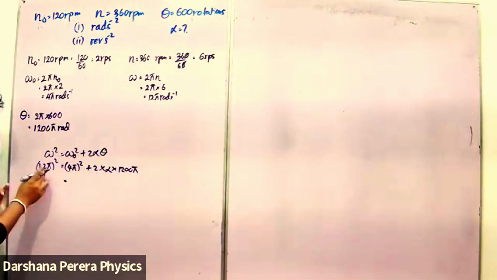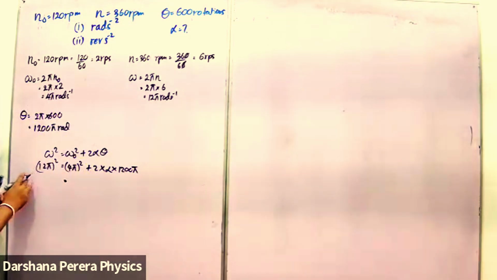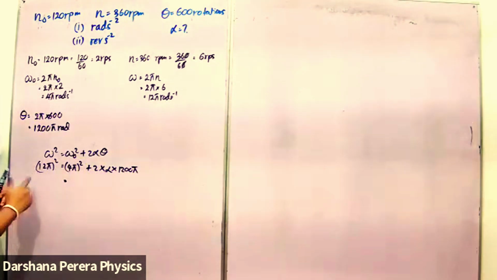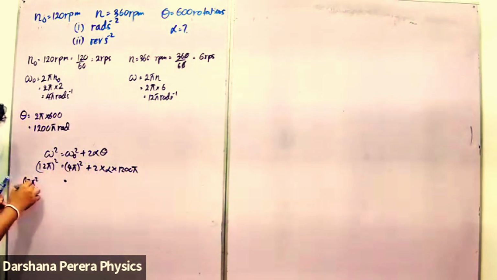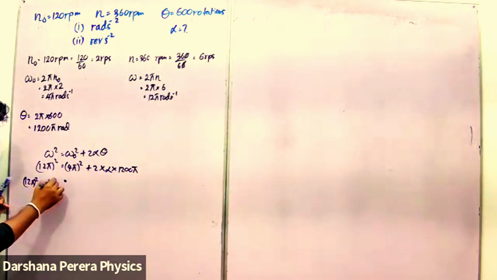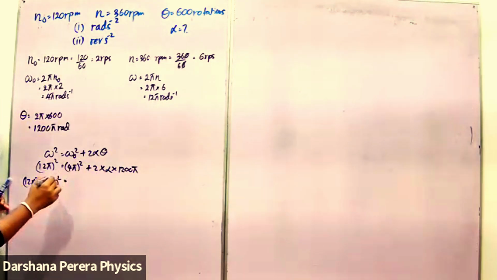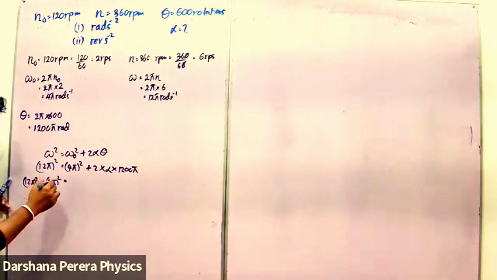Then we can simplify this one, 12 pi squared minus 4 pi squared. Right?